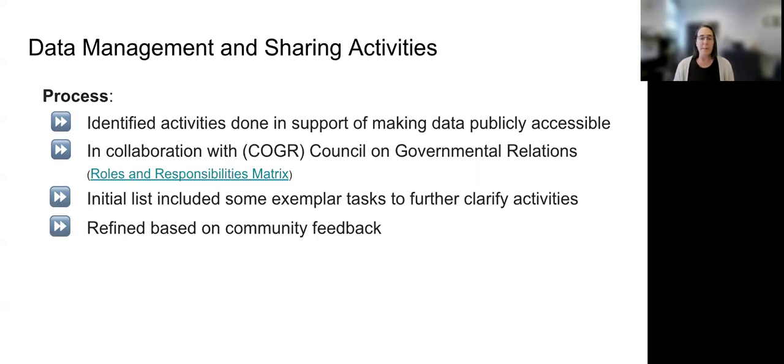Once we came up with a list that we thought was appropriate, we tried to balance very specifically being comprehensive enough that we encapsulate the breadth of things that it takes to get research outputs ready to share, but also useful and, quite frankly, not overwhelming for people who would respond to our survey.